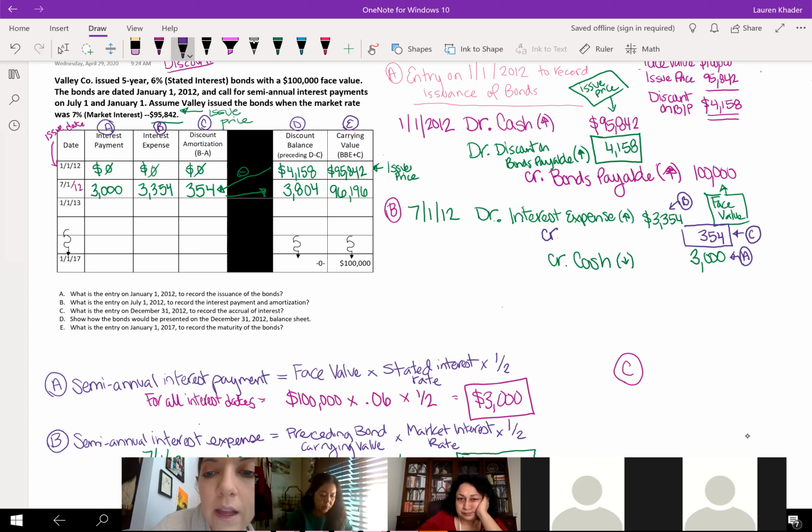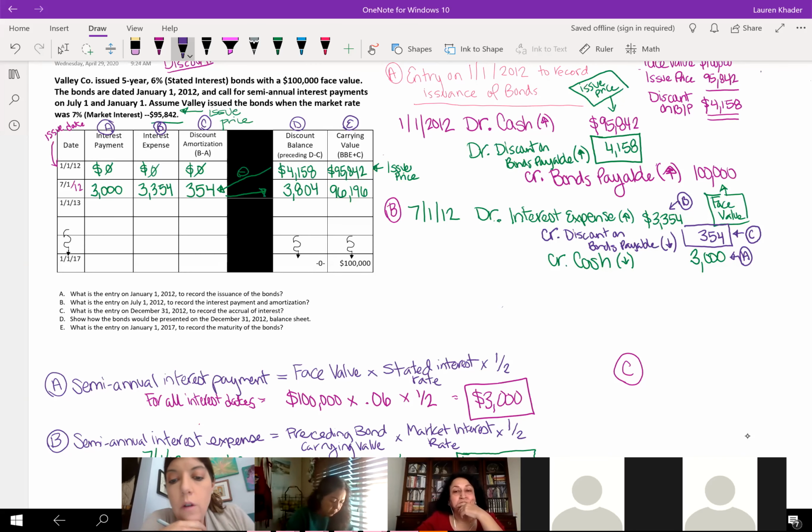And the credit is to discount on bonds payable, because we're reducing our discount account each interest payment period. So notice when we subtracted there, that's what we're doing in the T account too.